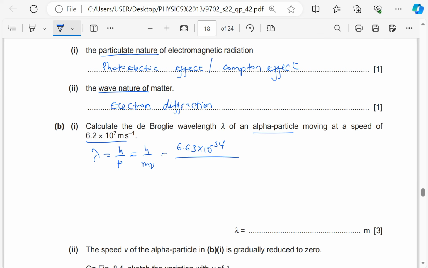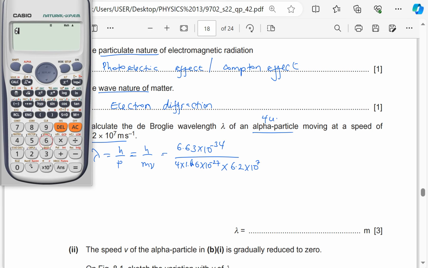It is an alpha particle whose mass is 4 times u, so that is 4 times 1.66 times 10 to the power of minus 27 kilograms, then times the speed, 6.2 times 10 to the power of 7.